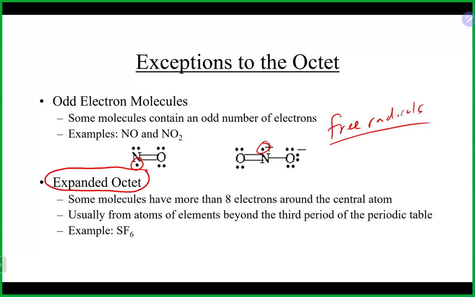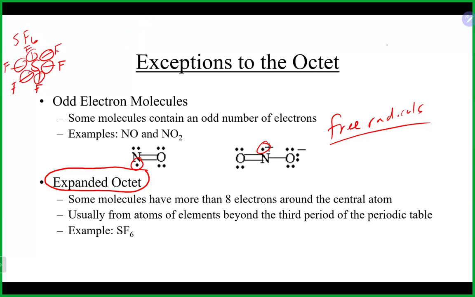And that's an expanded octet. Like SF6 that we see down there, if we just sketch the Lewis structure, not putting in all the dots on the fluorines, if we look at the sulfur, it has 2, 4, 6, 8, 10, 12 electrons around it, and it's perfectly okay doing that. When can that happen?